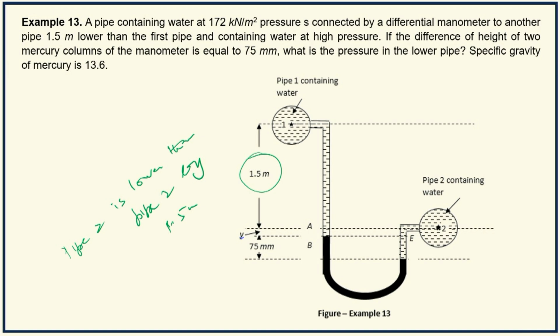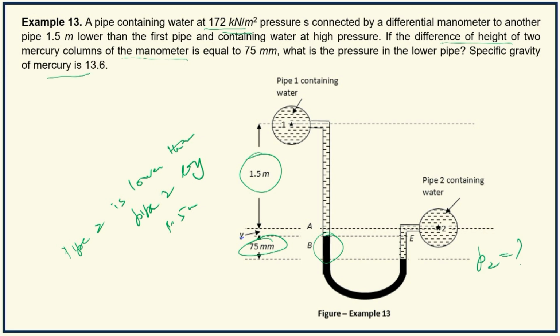So here the pressure is given in pipe 1, 172 kilonewton per meter square. The difference of height of two mercury columns of the manometer is equal to 75 millimeters. So mercury is the manometric liquid, the difference is 75 millimeters. What is the pressure in the lower pipe? So P2 is equal to how much?